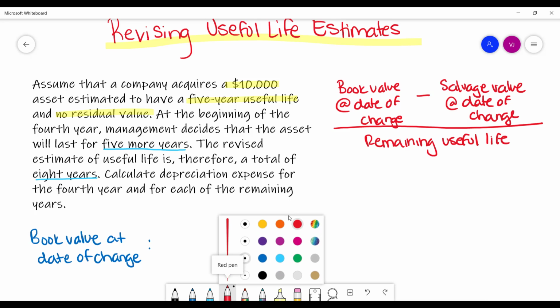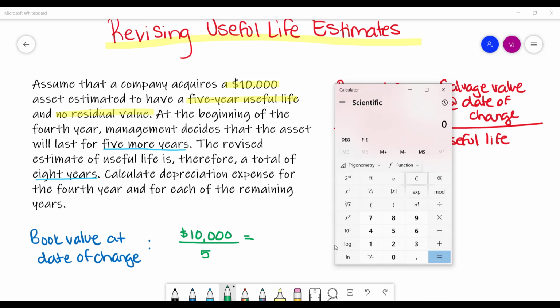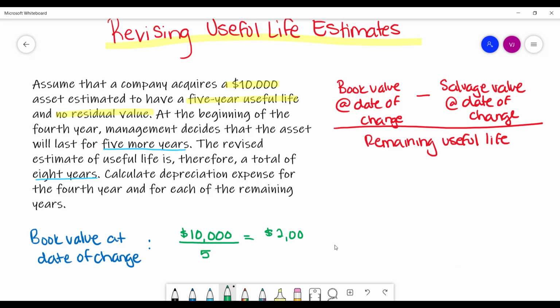So under straight line, we would have taken this $10,000, and there's no salvage value or residual value mentioned here. So we would have taken that $10,000 and divided it by the useful life of 5 years initially. So 10,000 divided by 5 means we were depreciating $2,000 of this asset each and every year. So that's per year.